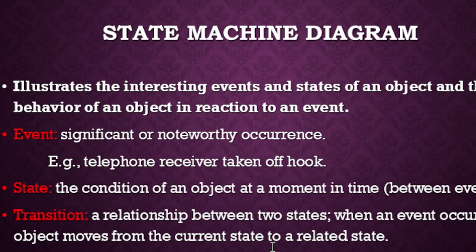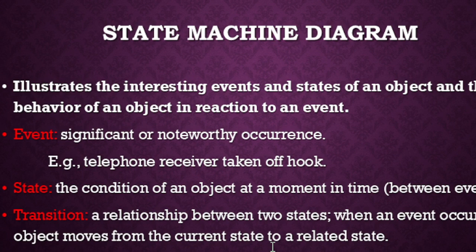Similarly, we talk about state, the condition of an object at a moment in time. Object states are there, and an object usually changes state whenever there is a certain event. So we can say that an event actually triggers the object to change state.